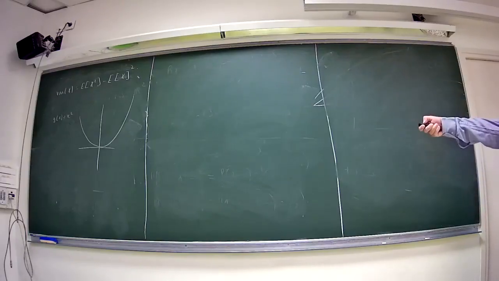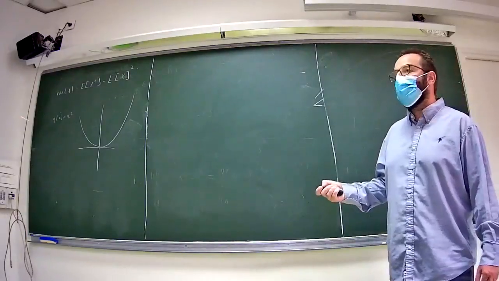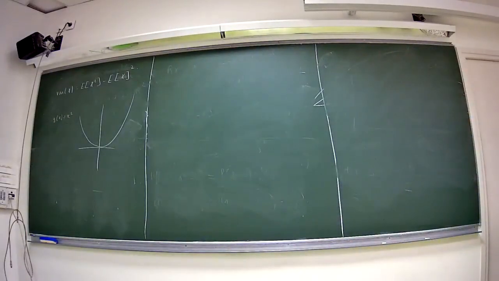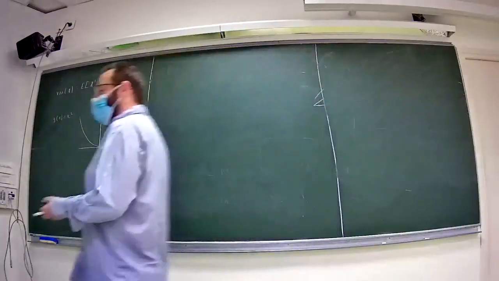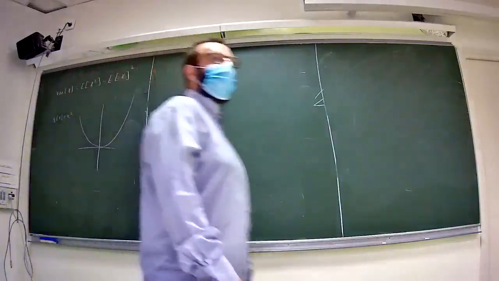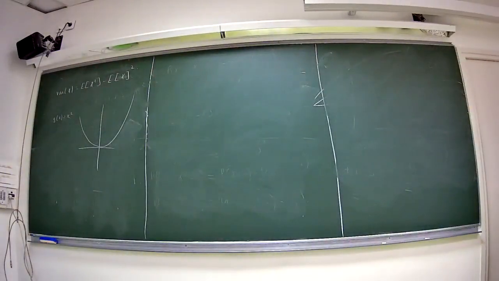So the fact that this difference is positive is a consequence of the Jensen inequality applied to the convex function x squared. Just to show you that sometimes this inequality may help you to say something. But in general, to show the positivity, we come back to this analogous expression of the variance.